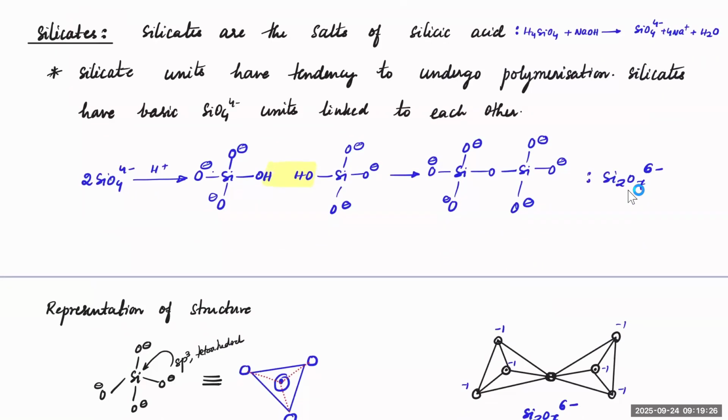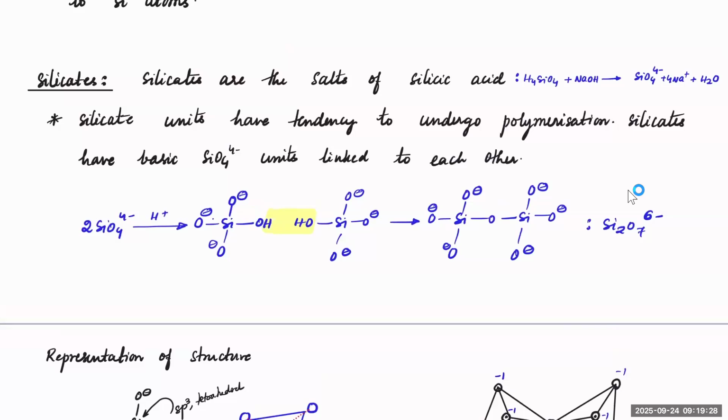Now let us look at silicates. Silicates are the salts of silicic acid. Silicic acid is Si(OH)4, and when you react it with NaOH, it will become SiO4 4 minus. This silicate SiO4 4 minus becomes the basic unit, and this basic unit can keep connecting with each other.